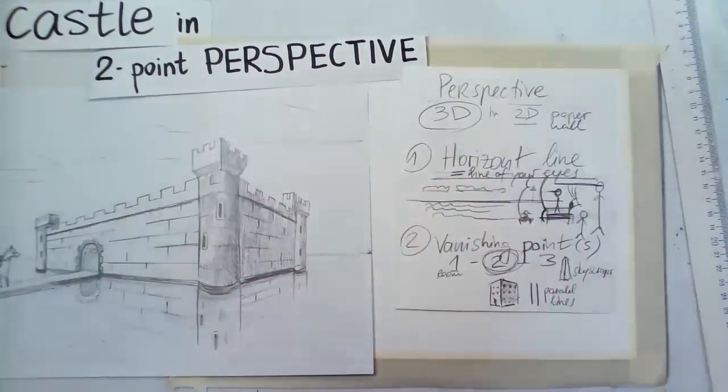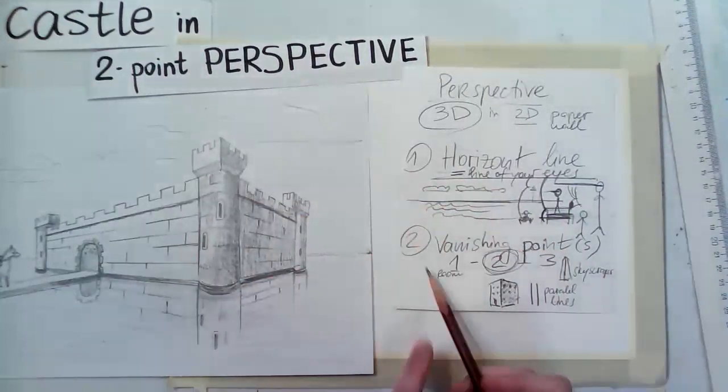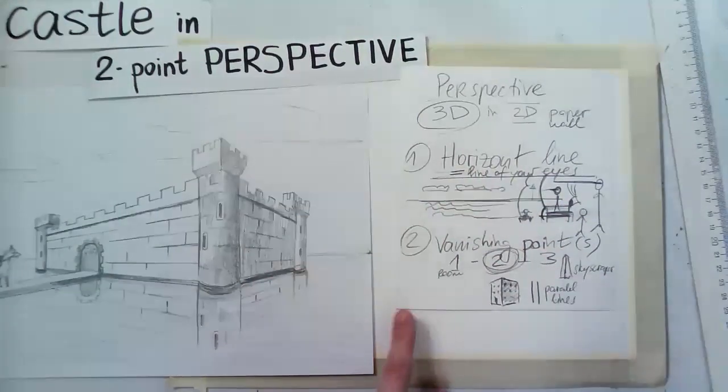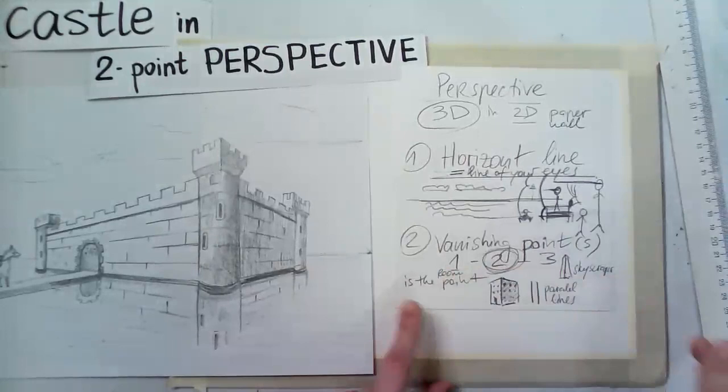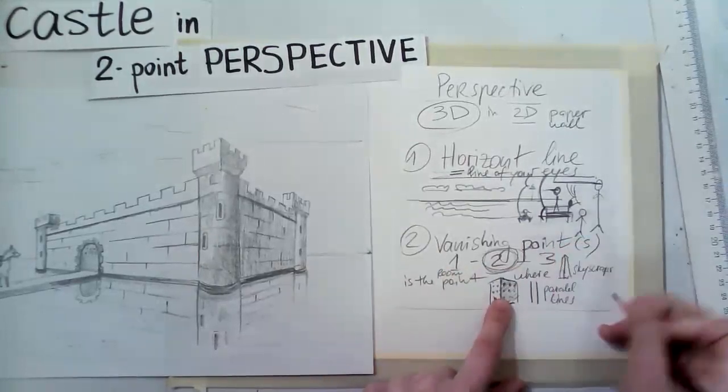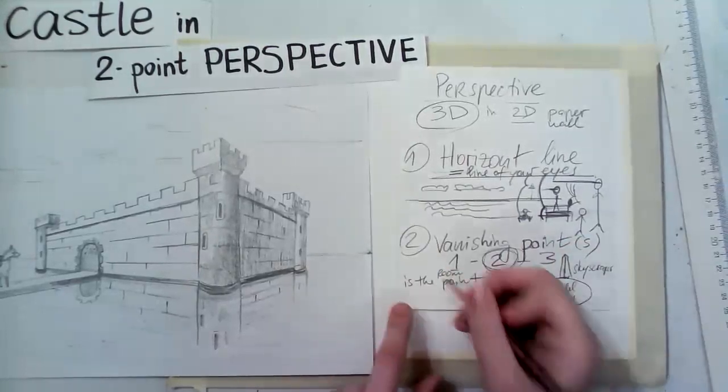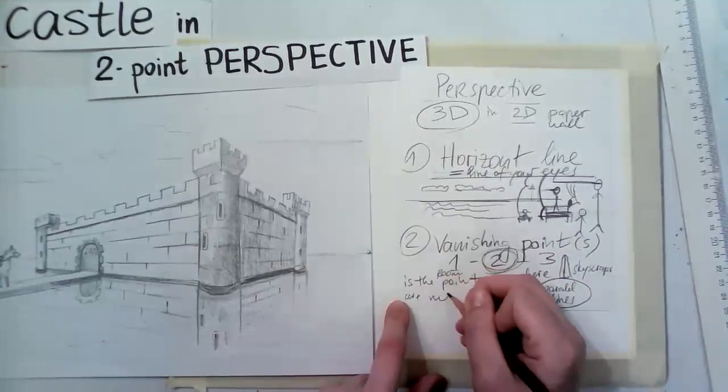It might sound a bit strange, confusing, but we're gonna practice now, and you're gonna have a clear understanding. Just to remember, the vanishing point is the point where parallel lines are meeting.